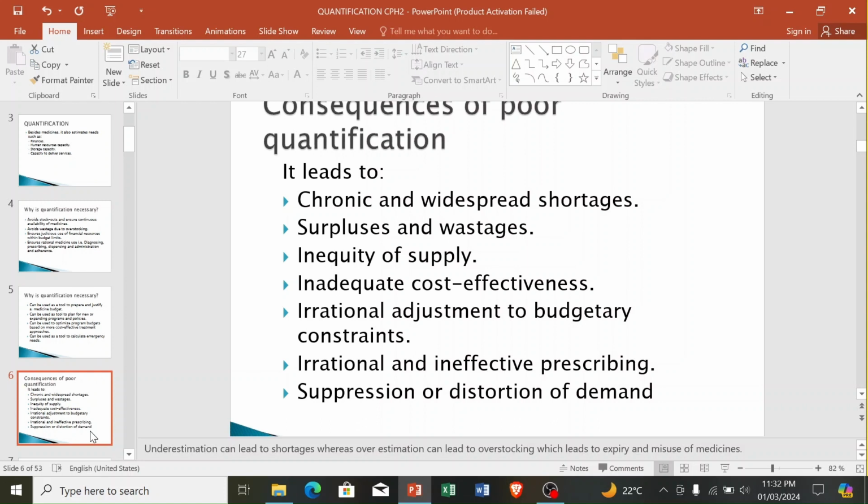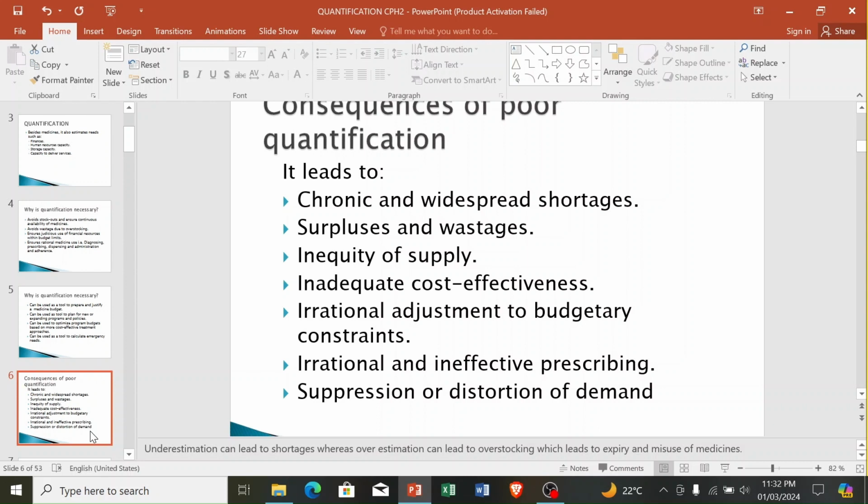So we can say effects, consequences. We can use those two words. So poor quantification leads to chronic and widespread shortages. So we can experience shortage in our facility, and then it leads to surplus and wastage.